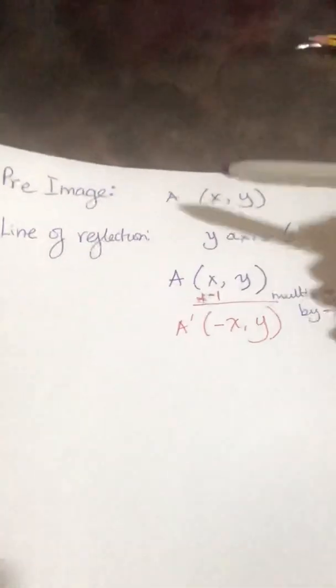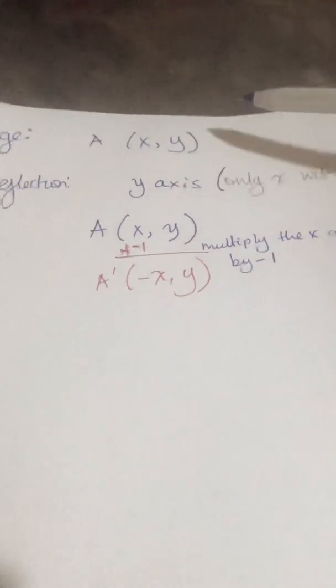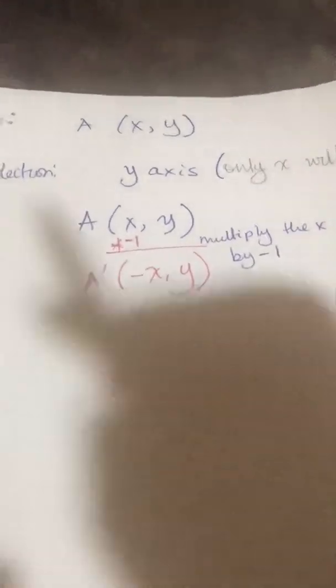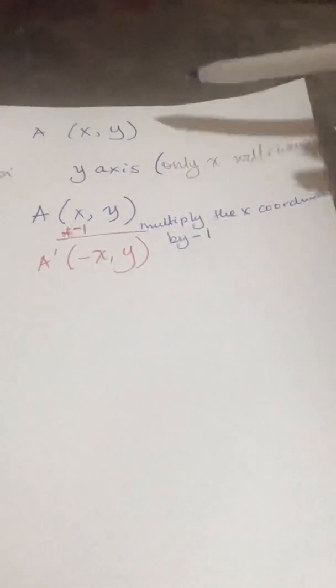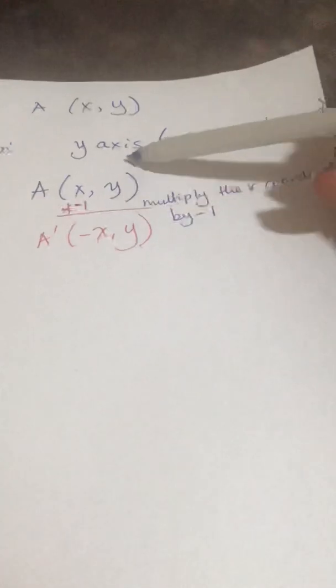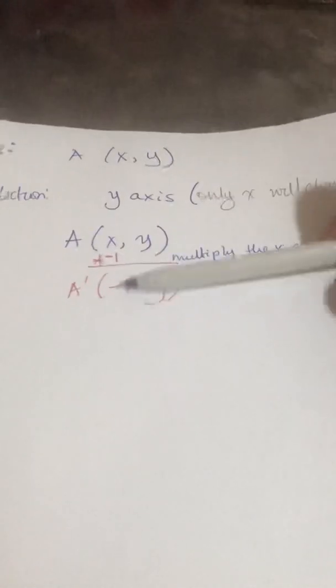Okay, so let us see over here. You've been given the pre-image, and the line of reflection is the Y-axis. So only X will change. When X changes, because the question said Y-axis, you're going to change X by multiplying by -1. So let's say some points.